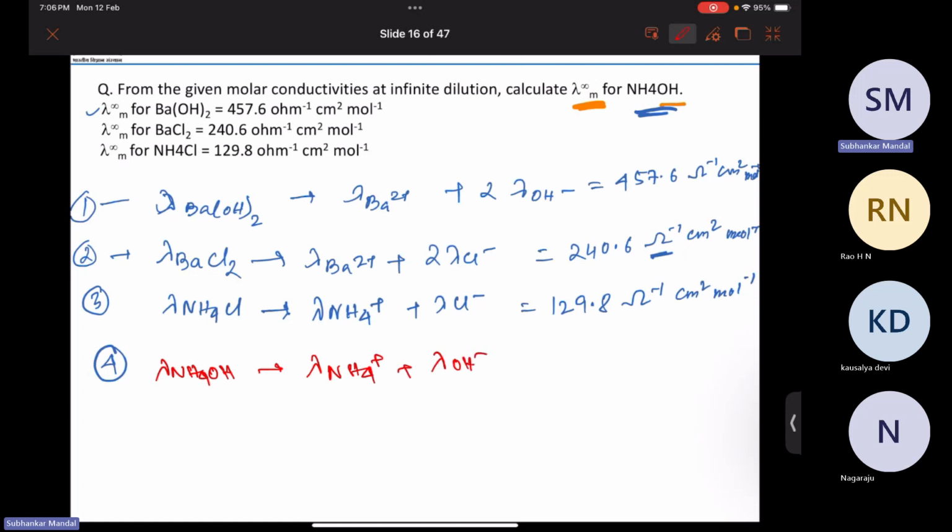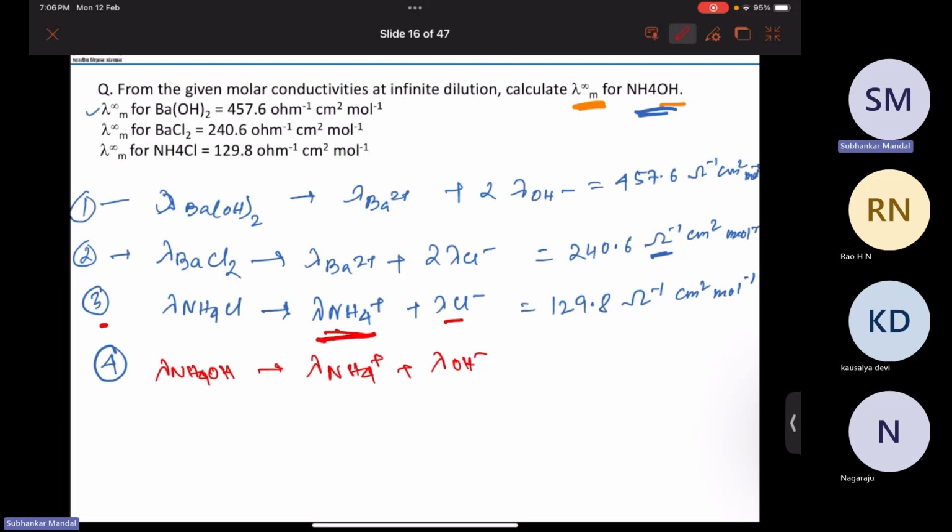In equation 3 there is NH4 plus, but Cl minus we don't want.